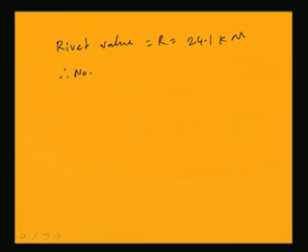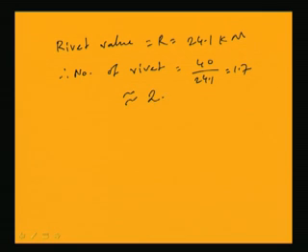So, number of rivets at each end will be 40 by 24.1, which is coming 1.7, that means we can use 2.